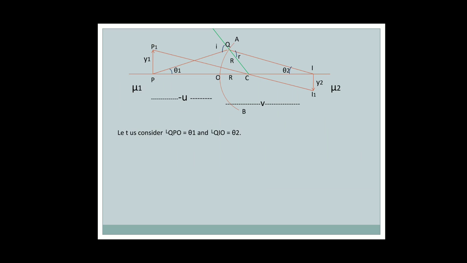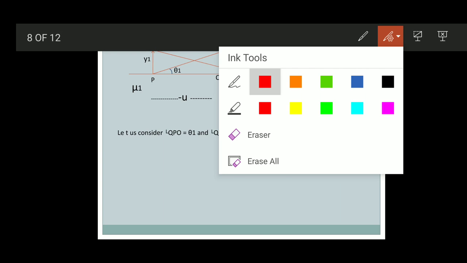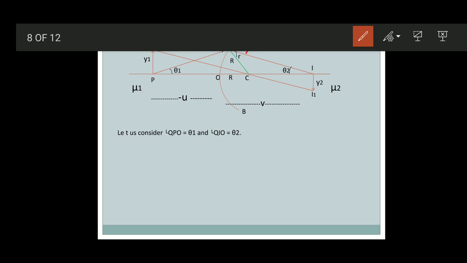Now we have to take triangle QPO. The angle QPO is taken as theta 1, and QIO is taken as theta 2.